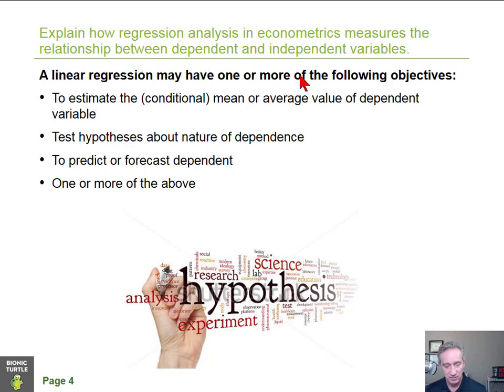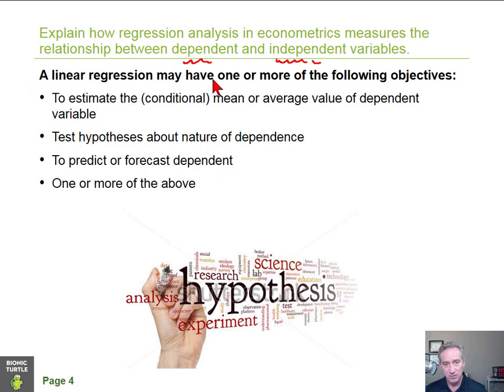So we start with the first learning objective: explain how regression analysis and econometrics measures the relationship between dependent and independent variables. So you can see GARP is preserving what I think are maybe the more familiar terms in the regression equation: dependent and independent, right? We regress a dependent against an independent variable, although Stock and Watson tend to call this the regressor, and they call the dependent the regressand.